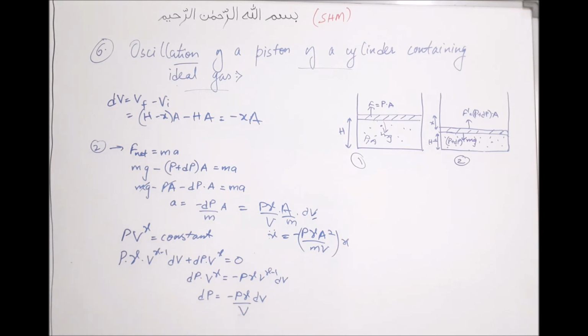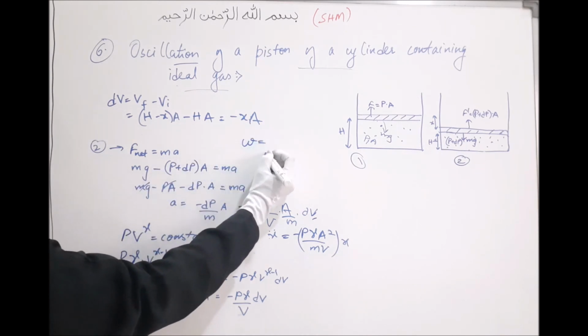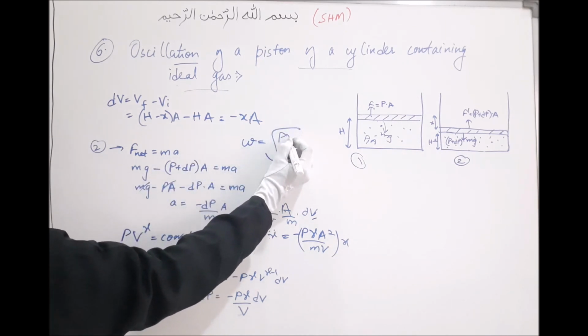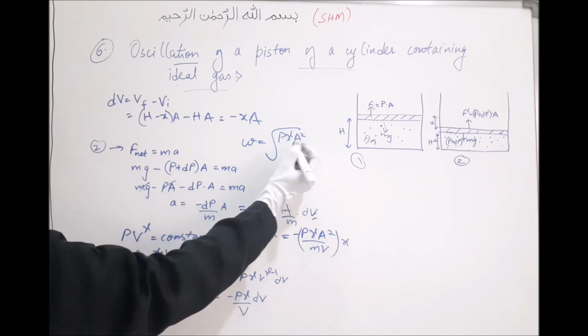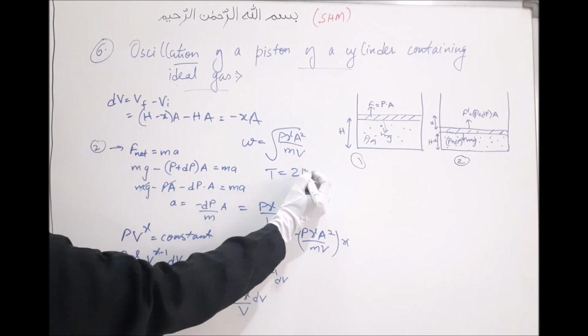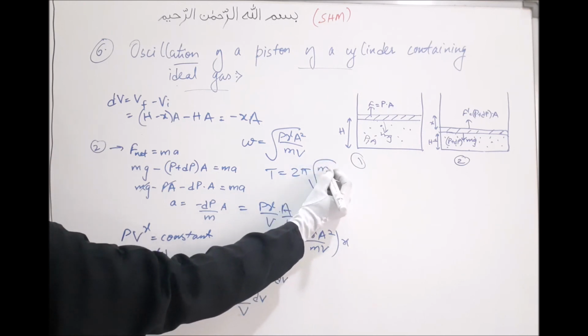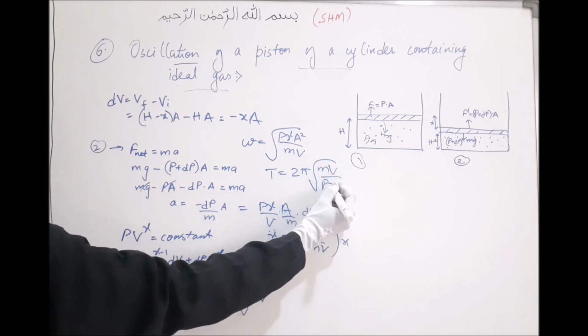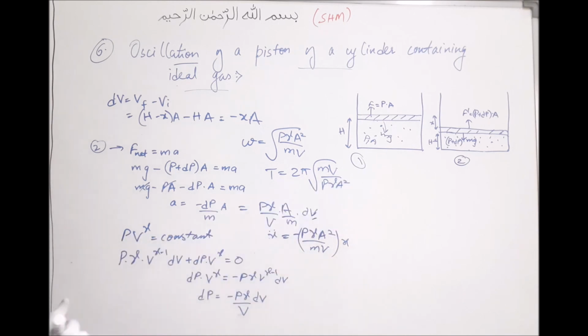This is the equation of simple harmonic motion, where omega is equal to root of P gamma A squared upon m V, and time period is 2 pi by omega, that is 2 pi root of m V upon P gamma A squared.